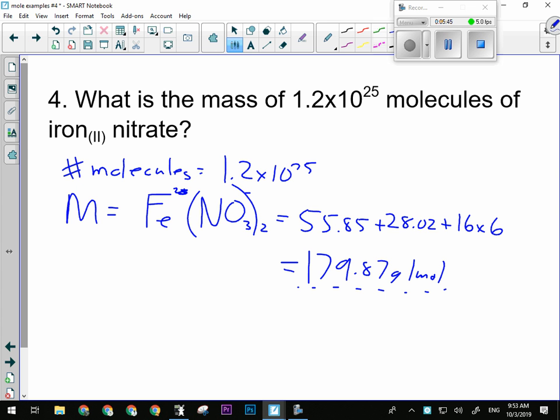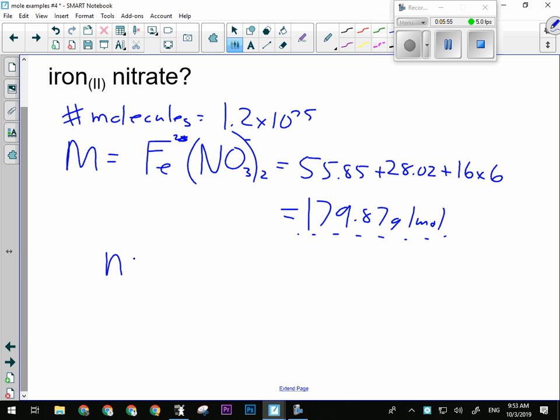My last step being I'm looking for the mass. I'll take that and multiply by the number of moles. Right now, I don't have the number of moles, so I have to get it. I can get the number of moles by taking the number of molecules and dividing by the number of molecules in 1 mole, Avogadro's number.